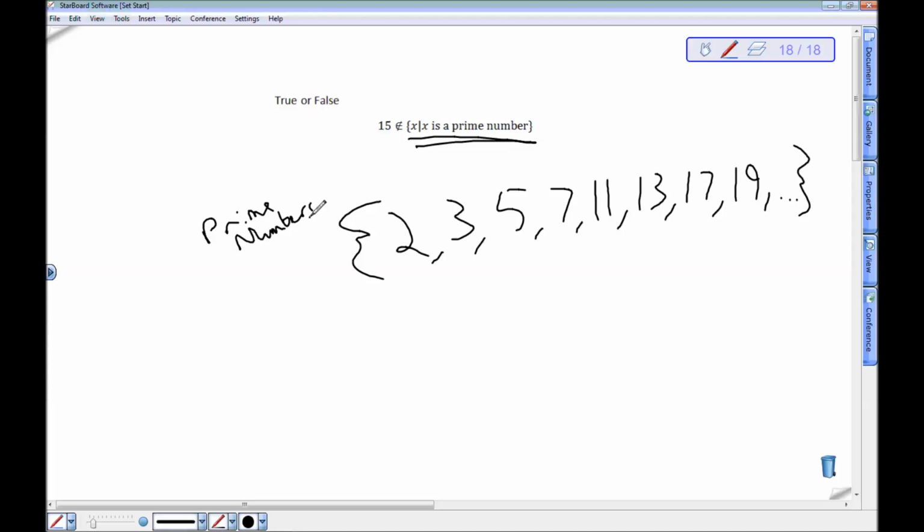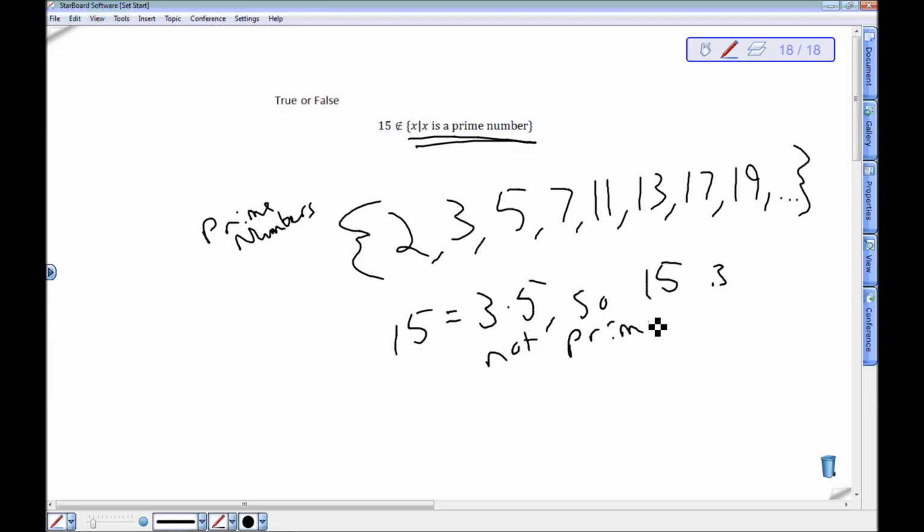Anyway, that set is numbers like this, numbers whose only factors are 1 and itself. 15 I can write as 3 times 5, so 15 is not prime, which means 15 is not in this set, which is what that sentence says. 15 is not a member of the set of all X such that X is a prime number. That is a true statement.